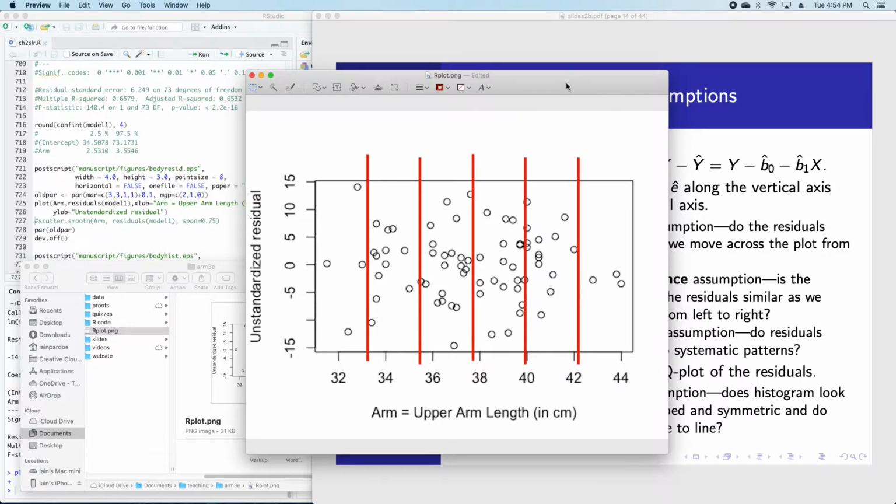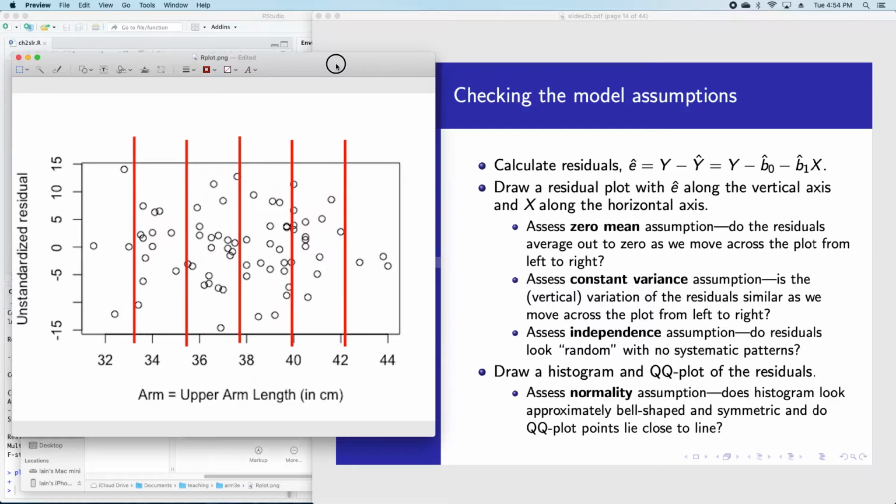What I'm doing by creating the strips is it makes it easier to assess the zero mean and constant variance assumptions. The zero mean assumption asks, do the residuals average out to zero as we move across the plot from left to right? First of all, take this strip on the left and think, what is the average residual in that strip?